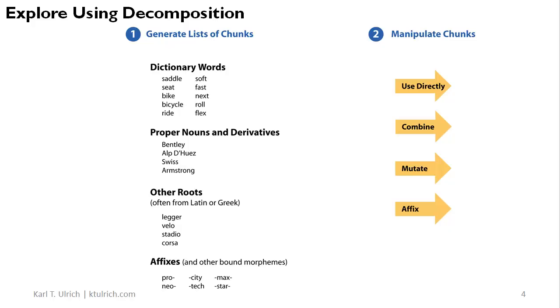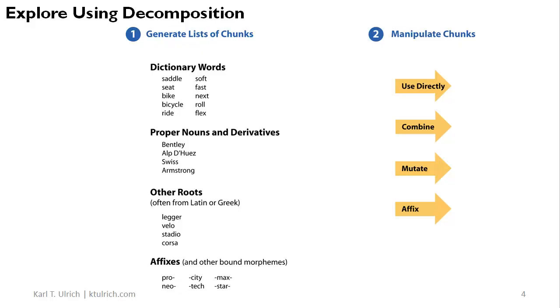The next step is exploration. I recommend using decomposition, which is a principle that works very well with names. The basic decomposition approach, just as we saw for artifacts more generally, is to first generate a list of chunks, and then to manipulate those chunks or combine those chunks in order to create integrated solutions.